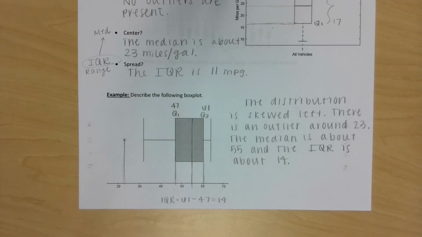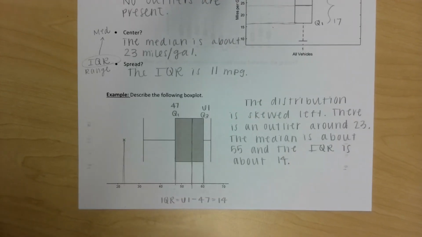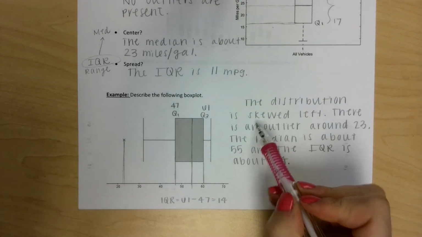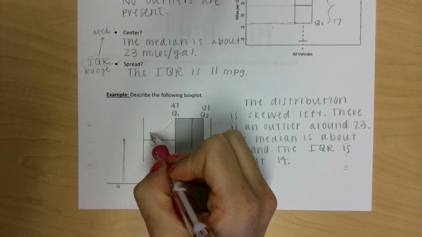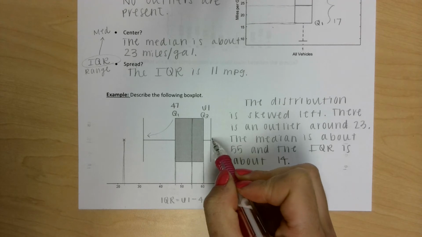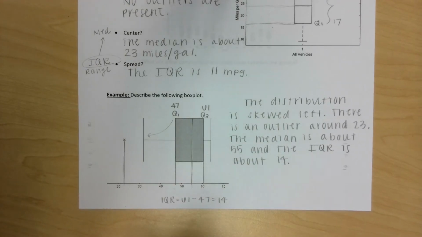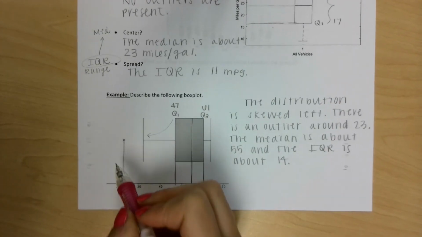Okay, here is my answer for describing this box plot. A lot of these were kind of estimates, so your numbers may be off slightly, but generally you should have kind of the same description. I said that the distribution or the box plot is skewed left. I knew it was skewed left because it does have this long whisker here kind of pulling towards that left-hand side, whereas the right-hand whisker was much shorter. There is definitely an outlier here.